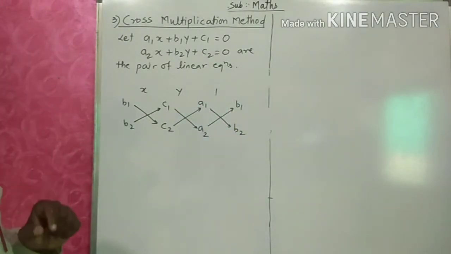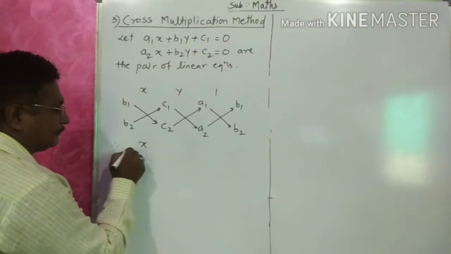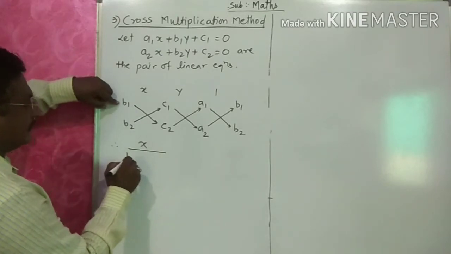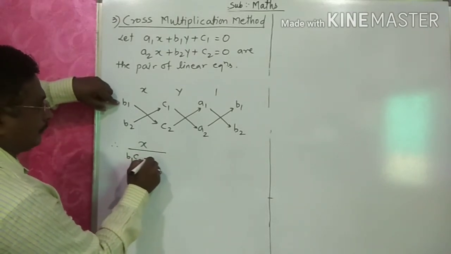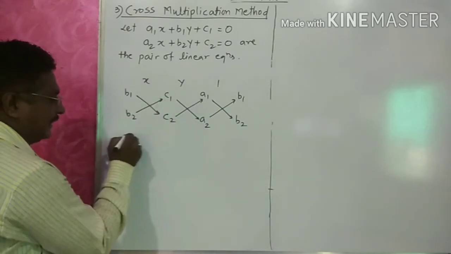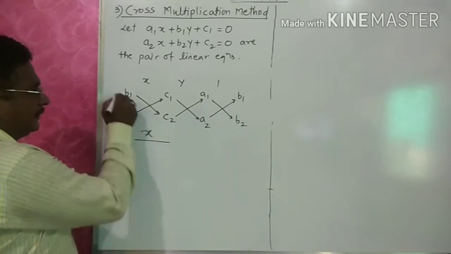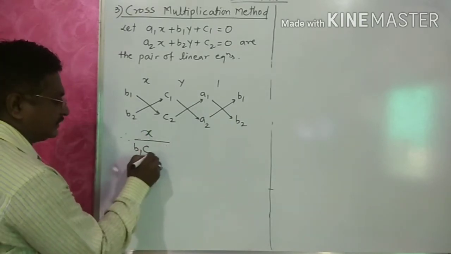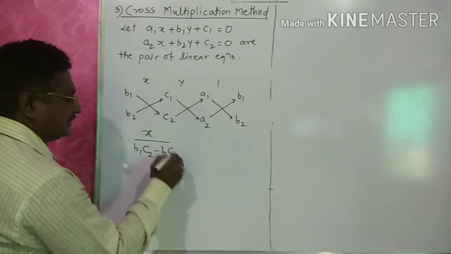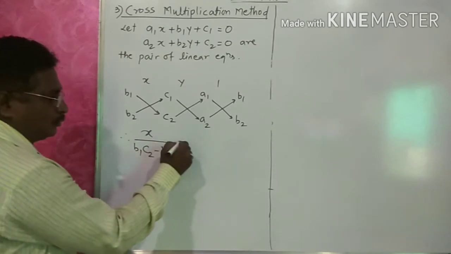So in this way I have to show. So now how to form the formula? Therefore x by b1 c2 minus b2 c1. As the arrow is shown, in that way we have to go.